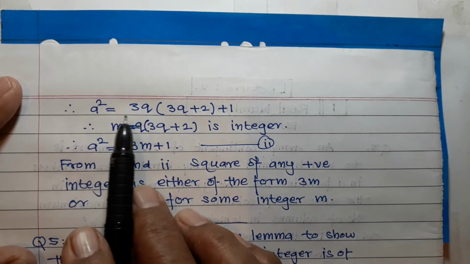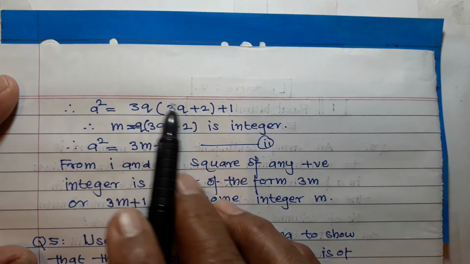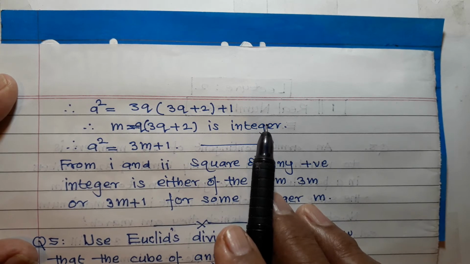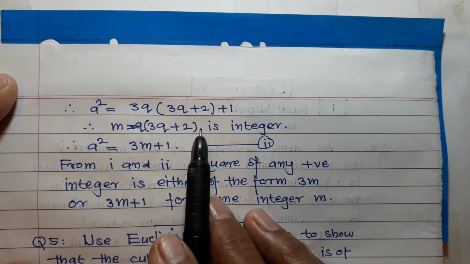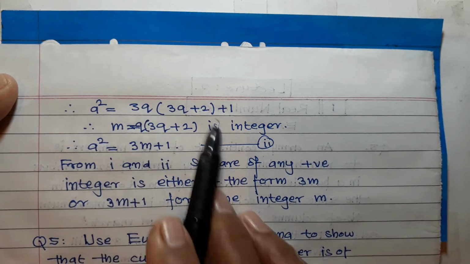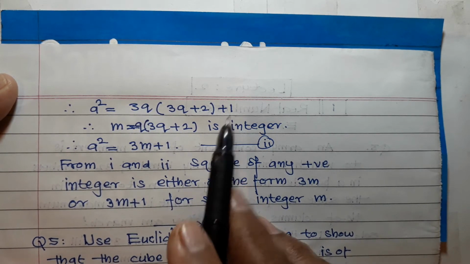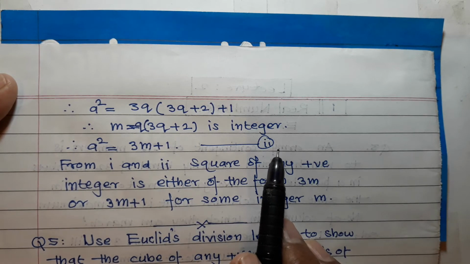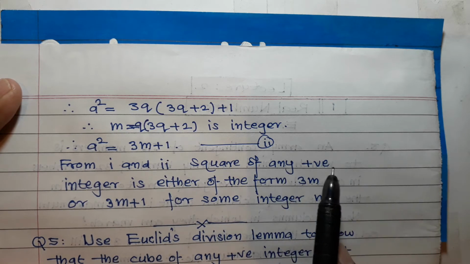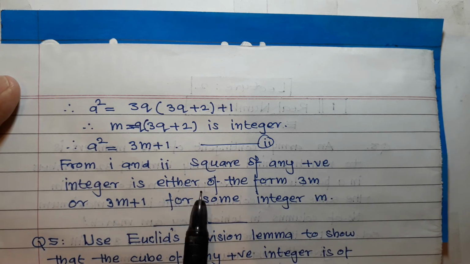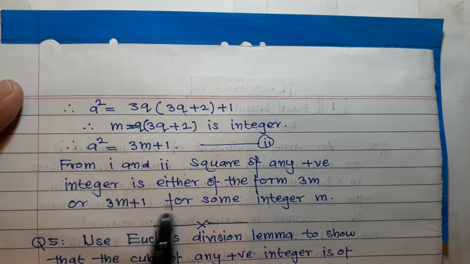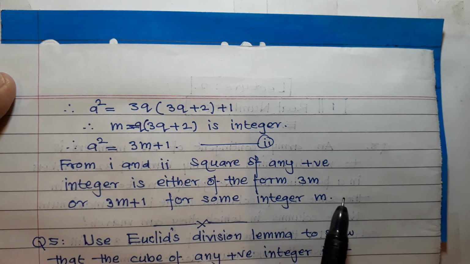So here m is equal to q into bracket 3q + 2, an integer, because q is an integer, and therefore a square is of the form 3m + 1. So from statements 1 and 2, the square of any positive integer is either of the form 3m or 3m + 1 for some integer m.